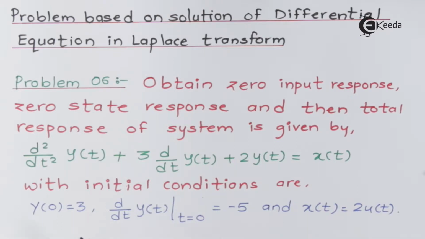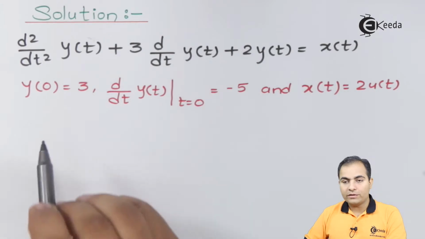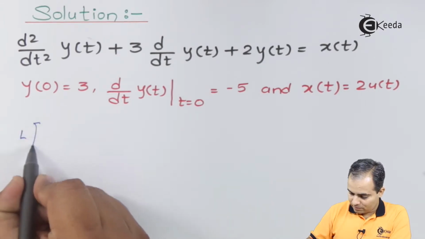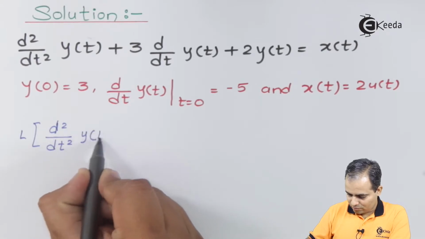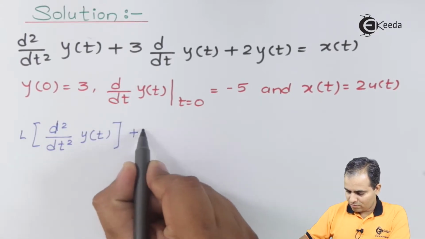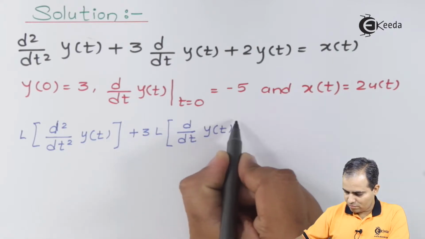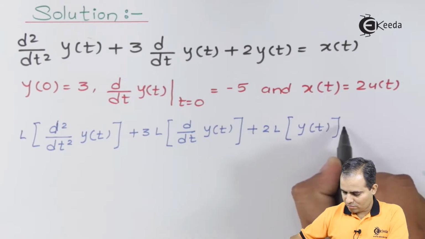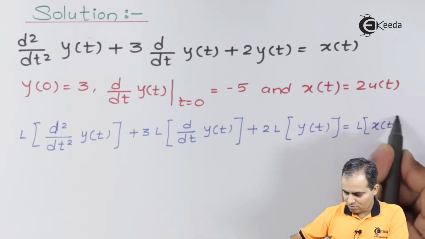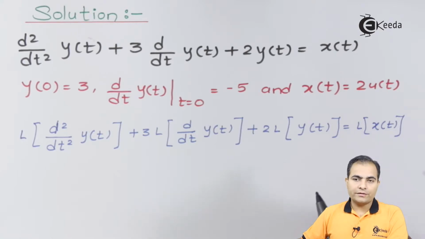Now we'll move on to the next step, that is the solution part. Now we'll apply Laplace transform on both the sides. First of all, I'll calculate the Laplace transform of x of t.